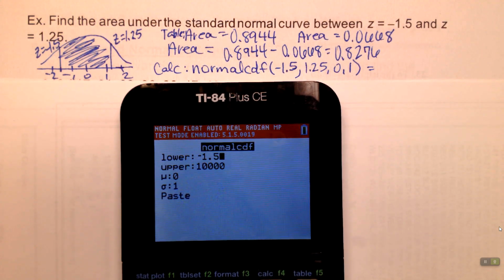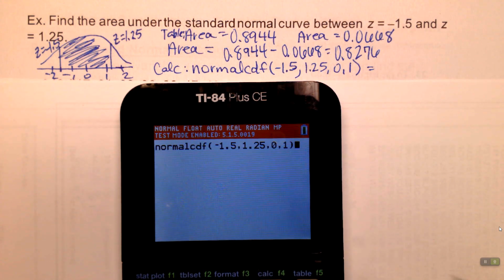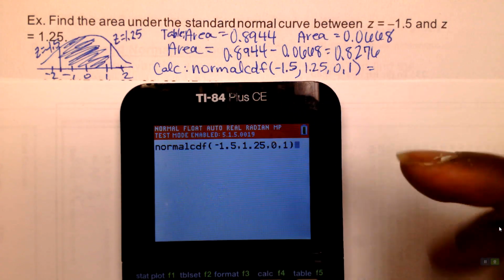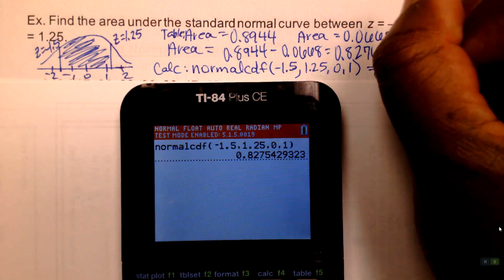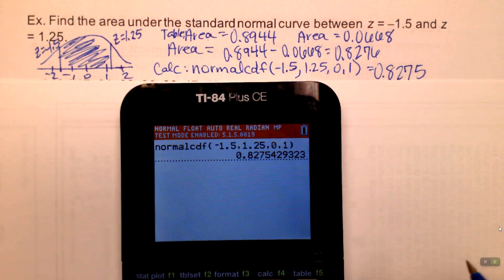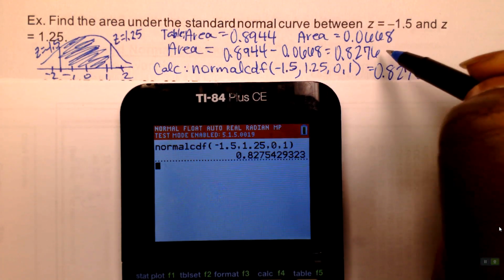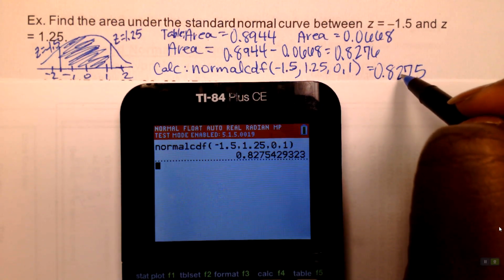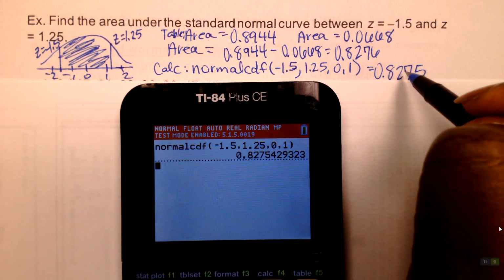Negative 1.5, 1.2501. 0.8275. So remember, it may be a smidgen off because the paper is finite. Those are rounded numbers, but the calculator gives us the exact answer. All right, so don't worry about that.